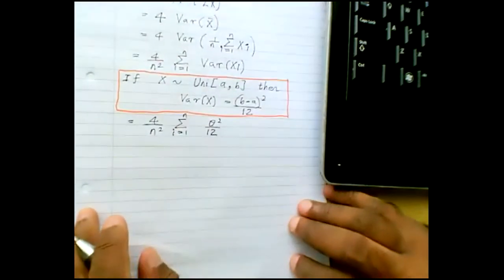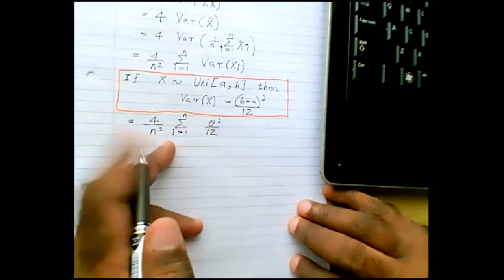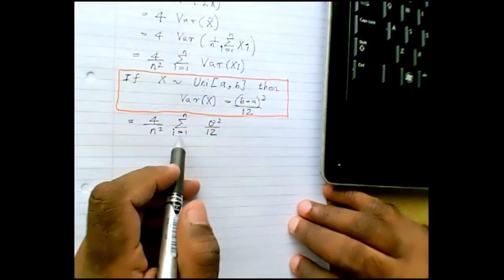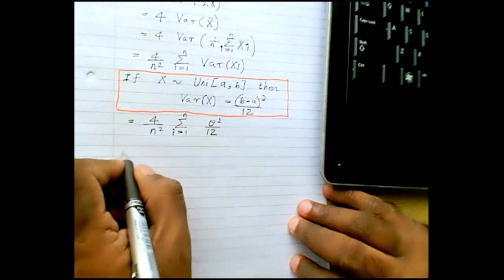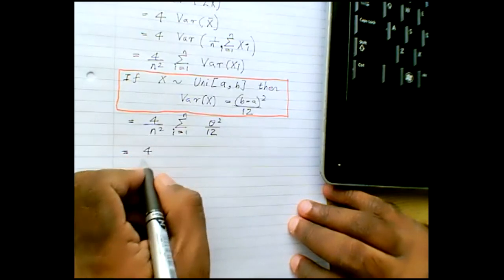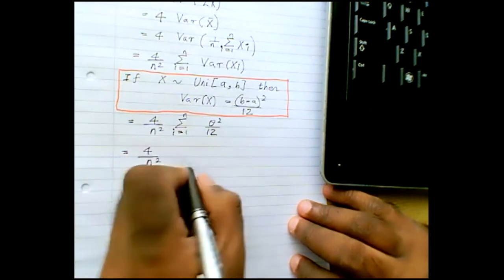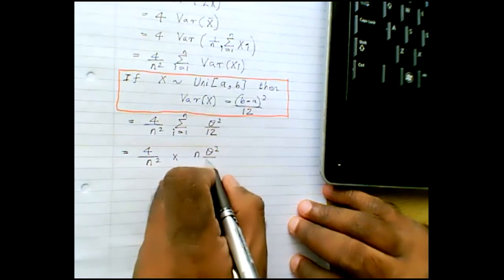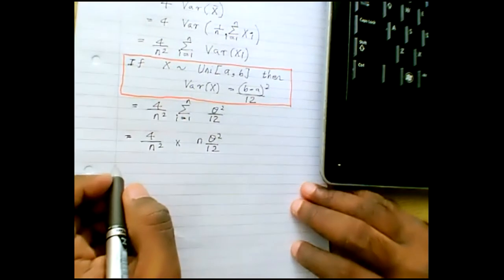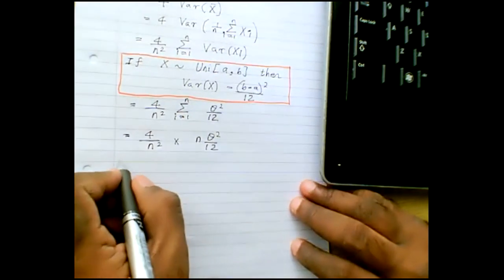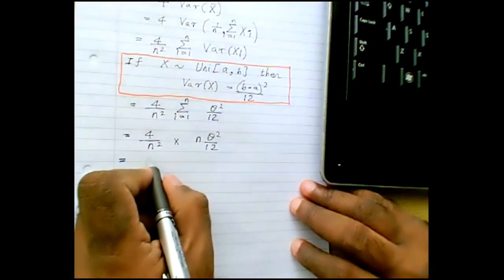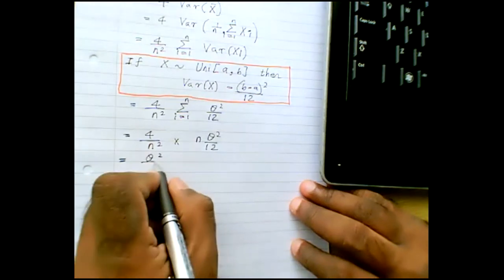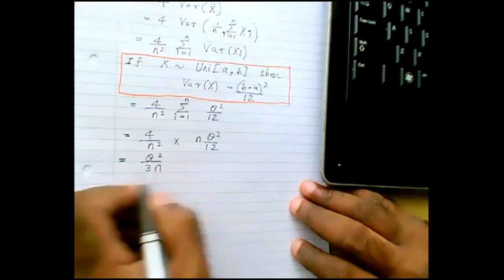Now theta squared divided by 12 is a constant with respect to i. So what you have is 4 divided by n squared multiplied by n times the constant, which is theta squared by 12. So the final conclusion is that you have theta squared divided by 3n.